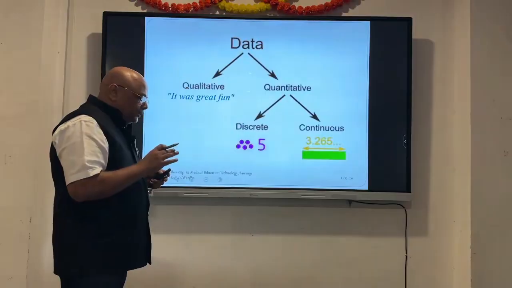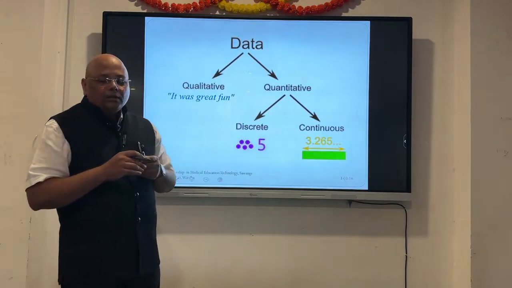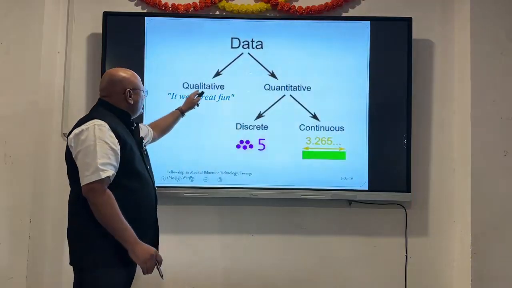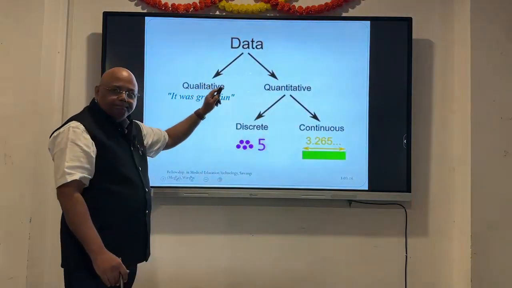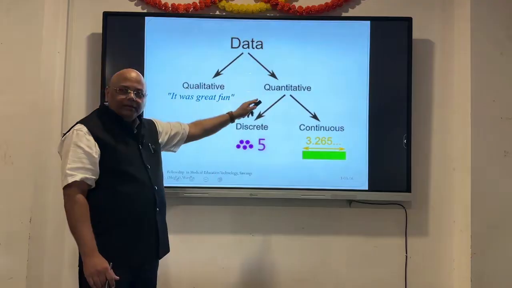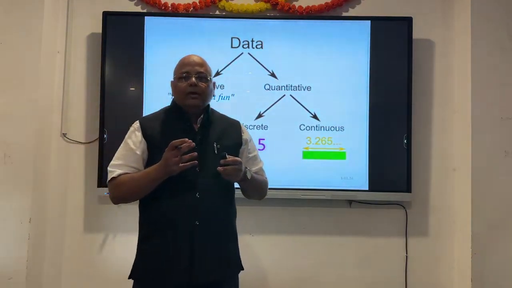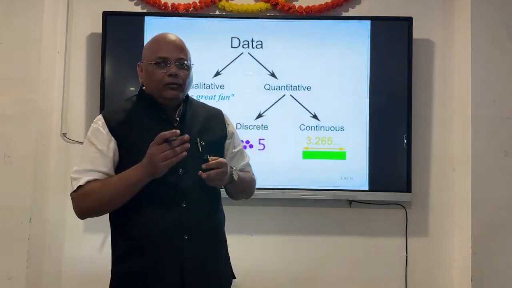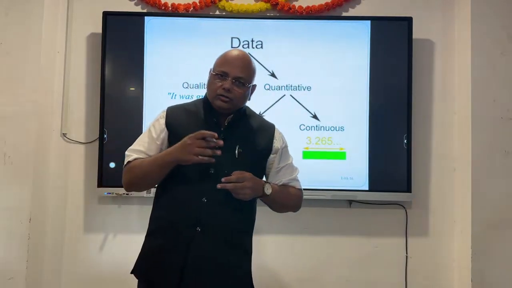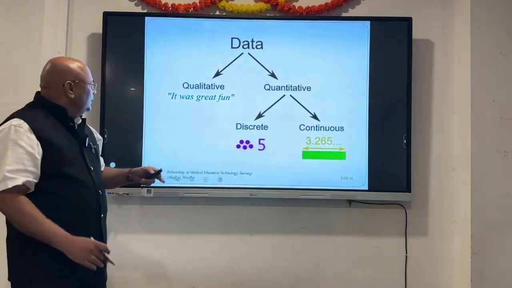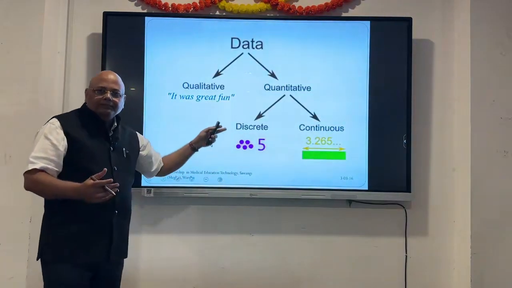Now see, any data is mainly of two types. One is qualitative data and the other is quantitative data. Qualitative data is something where we cannot quantify it in 1, 2, 3, 4. Suppose I say that I attended one workshop and it was great fun.